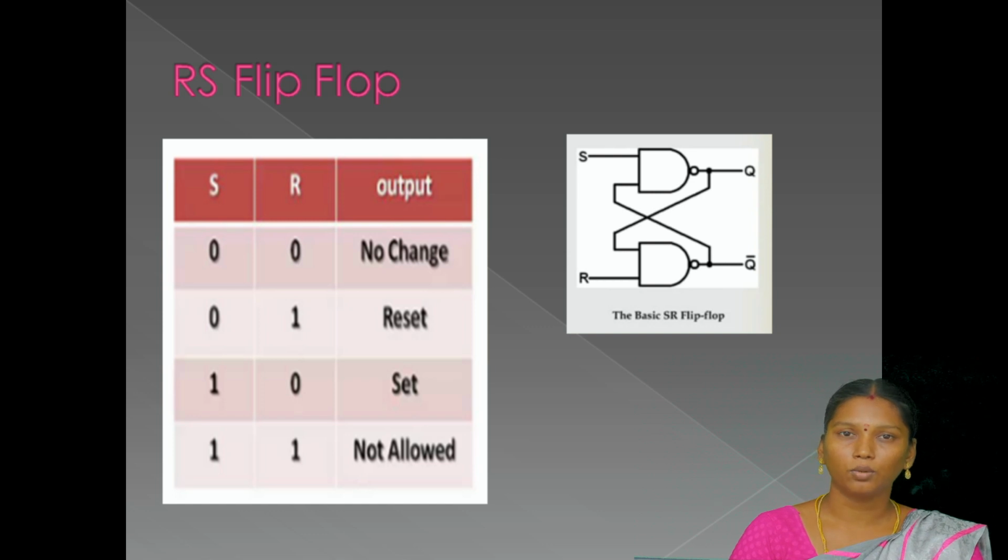Next, S is equal to 1 and R is equal to 0 means the output will be set to 1. S is equal to 1 and R is equal to 1 means the output is not allowed. So only two types of inputs are very important: S equal to 0, R equal to 1, and S equal to 1, R equal to 0. The other states we never use.